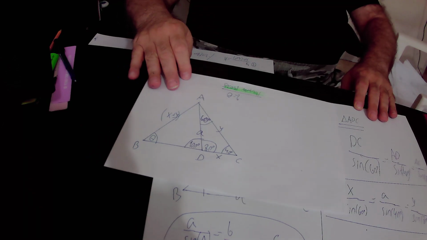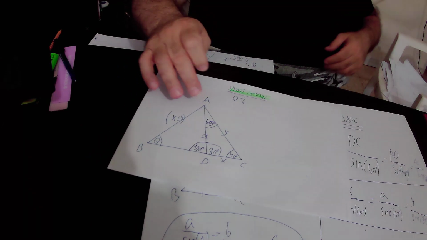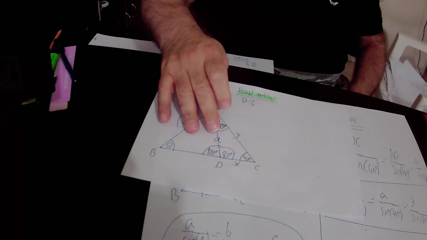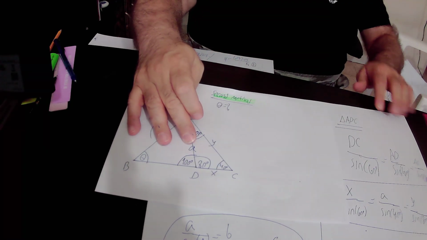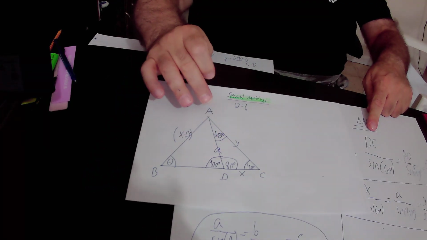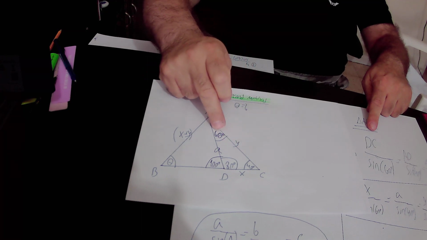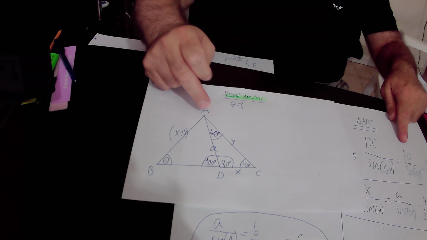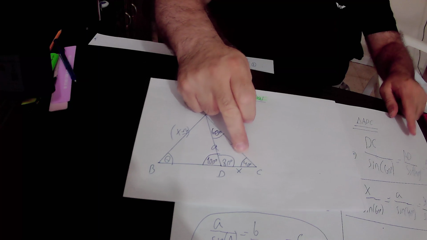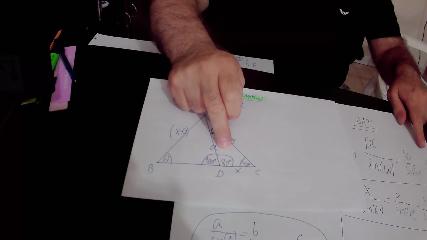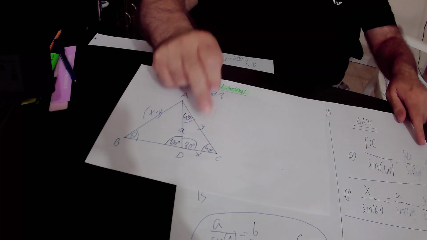So we implemented the law of sines in this triangle, triangle ADC. According to the law of sines, we get that DC over sine 60 degrees equals AD over sine 40 degrees, and it is equal to AC over sine 80 degrees.